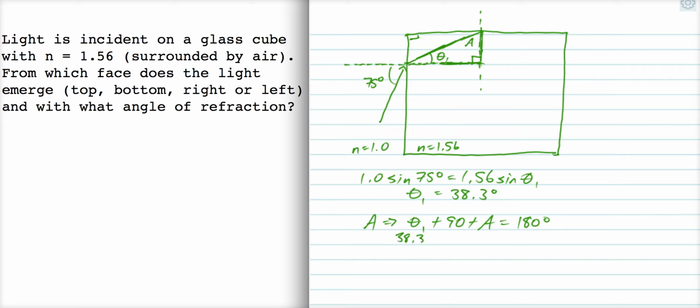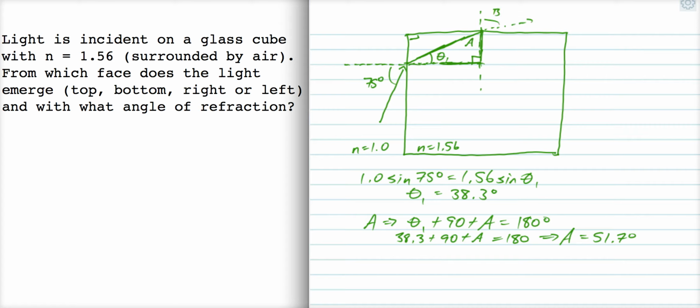So 38.3 plus 90 plus A equals 180. That tells me that angle A is 51.7 degrees.